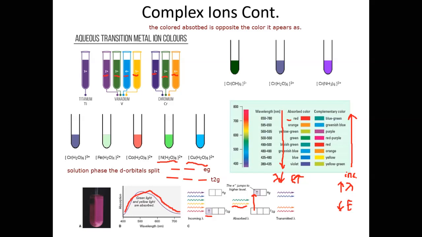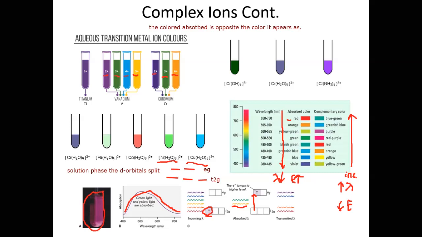So again, light comes through. This electron here absorbs yellow-green light. It moves to the higher d orbital states. It's absorbing the yellow-green light and allows all the other light to pass through. That's why the solution appears purple.